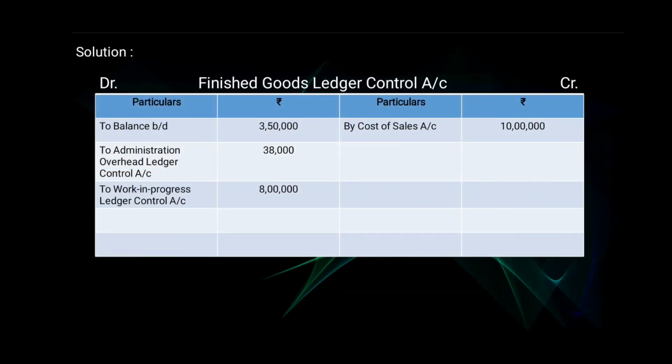Next is finished goods ledger control account. Let us take the total. So the total amount is 11,88,000 on the debit and on the credit side, and the balancing amount is coming on the credit side by balance carried down. So the amount is 1,88,000.